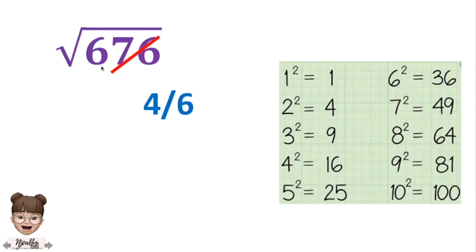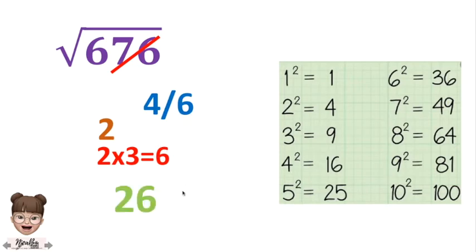It's 6, between 4 and 9, so most probably it's around here. So our first digit is 2, and then we times it with 3, and we get 6. Because this is not less than 6, then we get the bigger number. So in this case, the answer is 26.